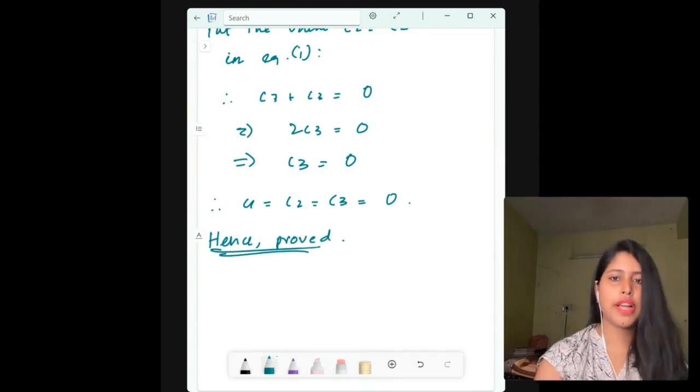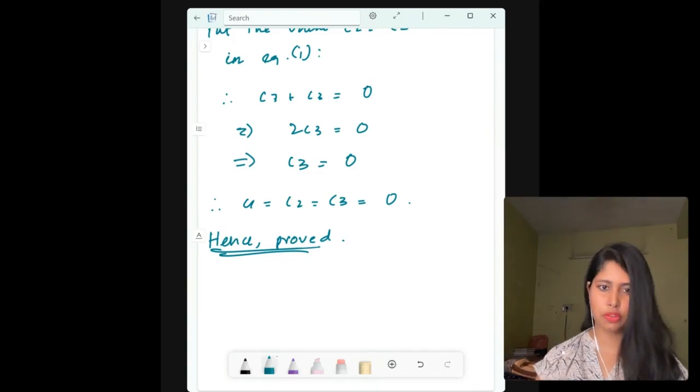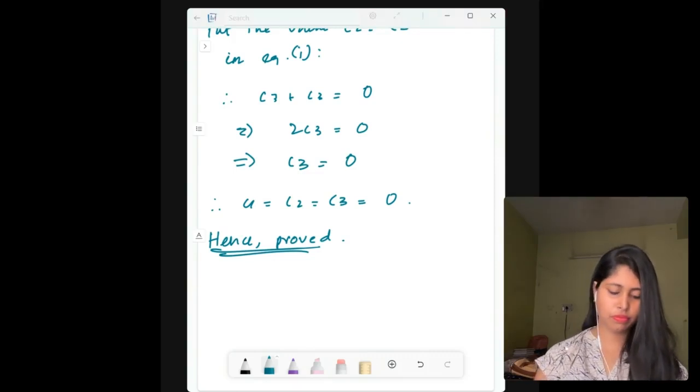Okay, now the next question will be on the parameters which I was talking about, how to find the relation between the two parameters if it is given. Okay, so yes, write down the question.